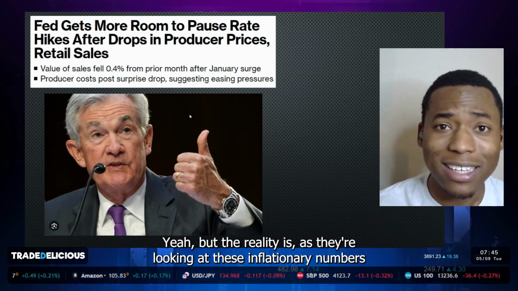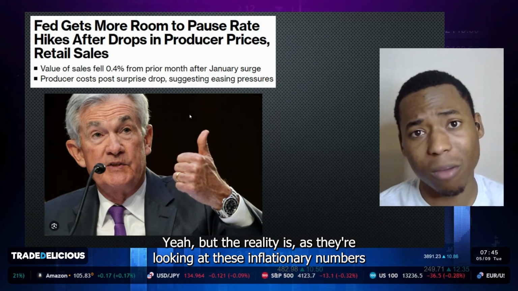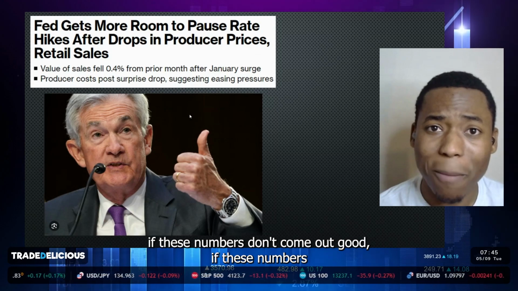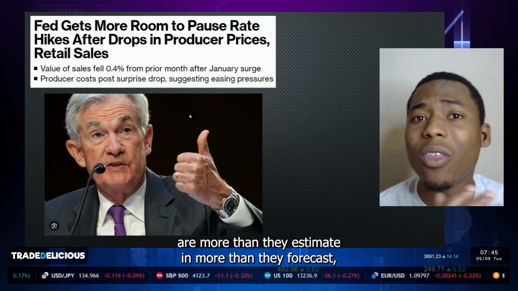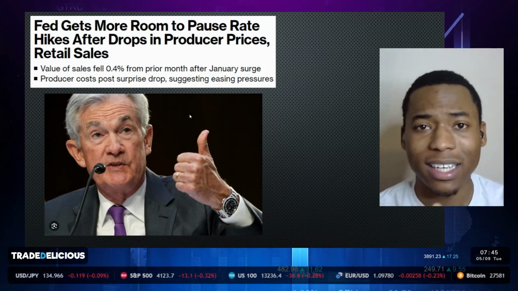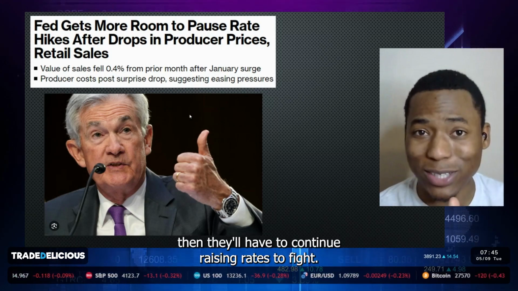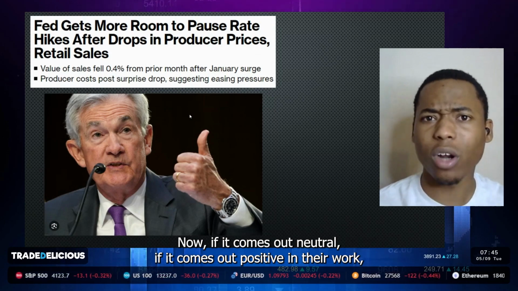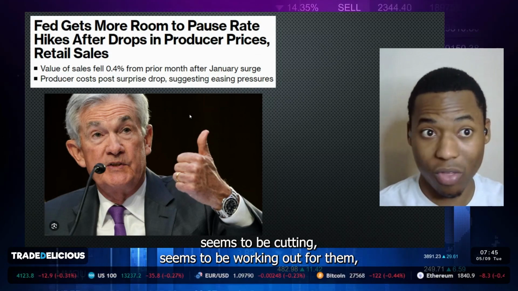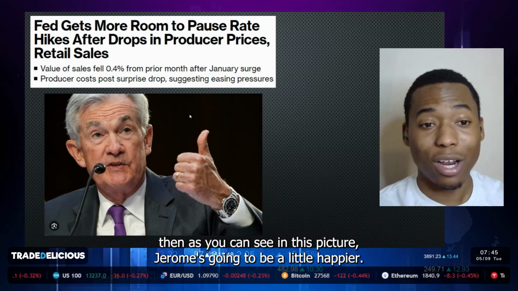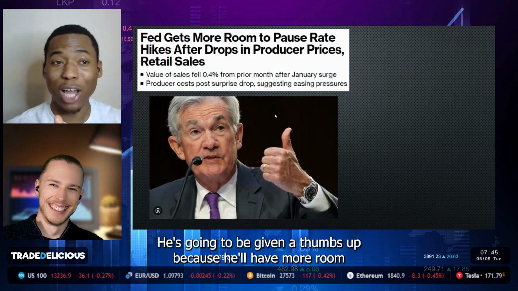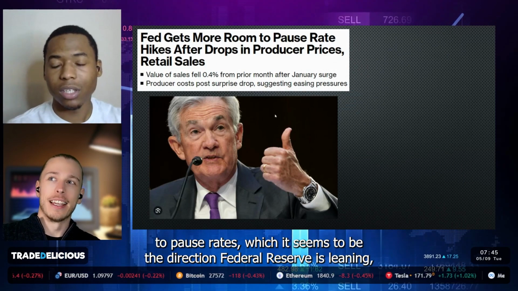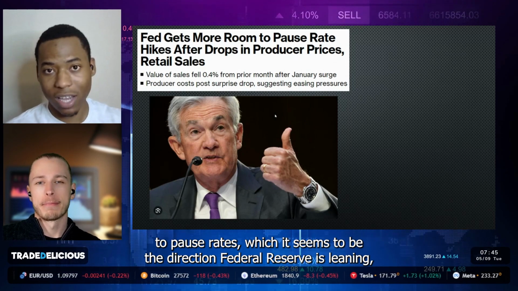But the reality is, as they're looking at these inflationary numbers, and this is true for every central bank in the world, if these numbers are more than they estimated, more than they forecast, then they'll have to continue raising rates to fight. Now, if it comes out neutral, if it comes out positive, and their work seems to be working out for them, then as you can see in this picture, Jerome's going to be a little happier. He's going to be given a thumbs up because he'll have more room to pause rates, which seems to be the direction the Federal Reserve is leaning.